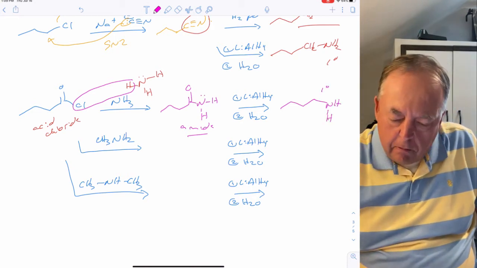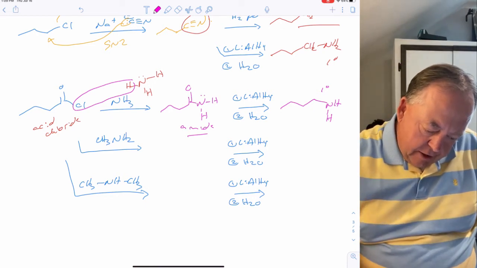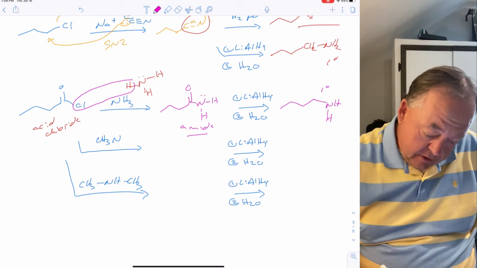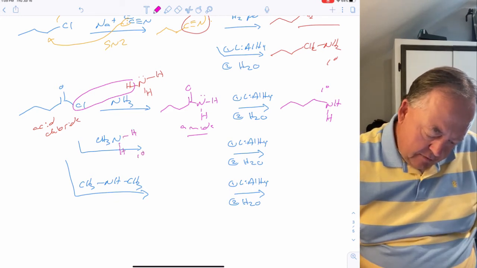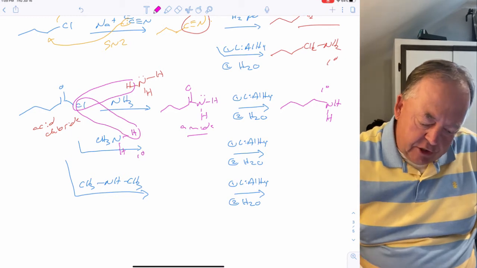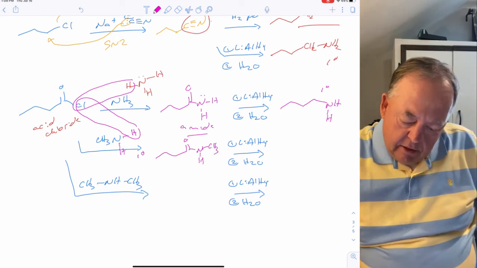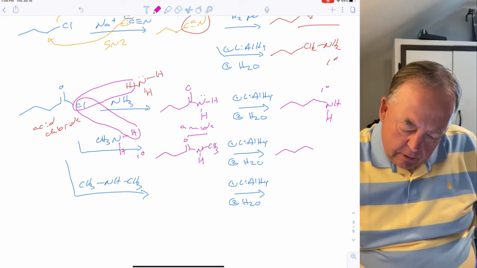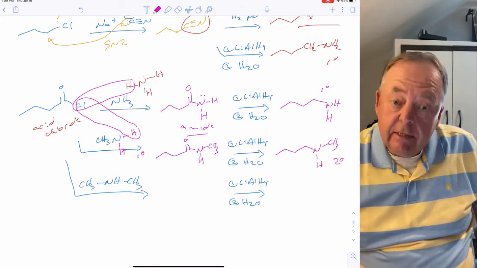So since we started from ammonia, that would make a primary amine, or if we started from a primary amine, again, if we lose HCl and attach nitrogen to the carbon-oxygen double bond, then when you reduce it with lithium aluminum hydride, now you have a secondary amine.